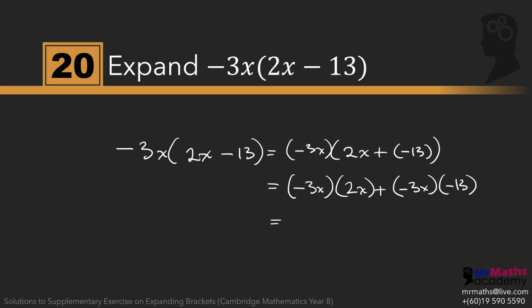Okay, minus 3 and 2, that is minus 6. And x times x is x squared, as explained earlier. Plus, 2 minus terms, that becomes positive. And 3 times 13 is 39, so that is 39x. There you go.